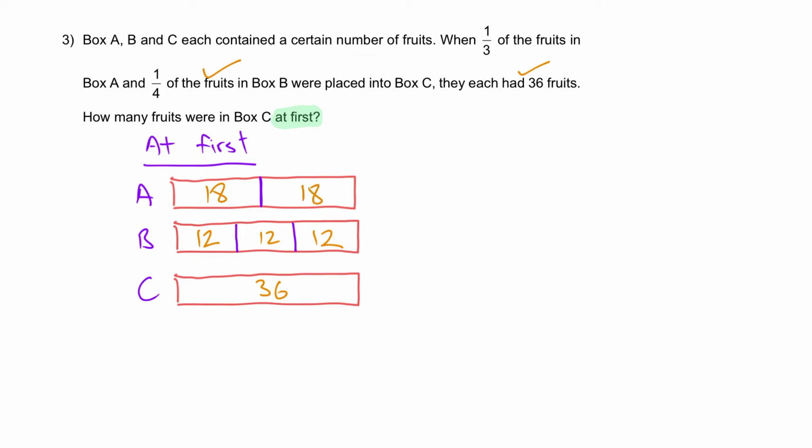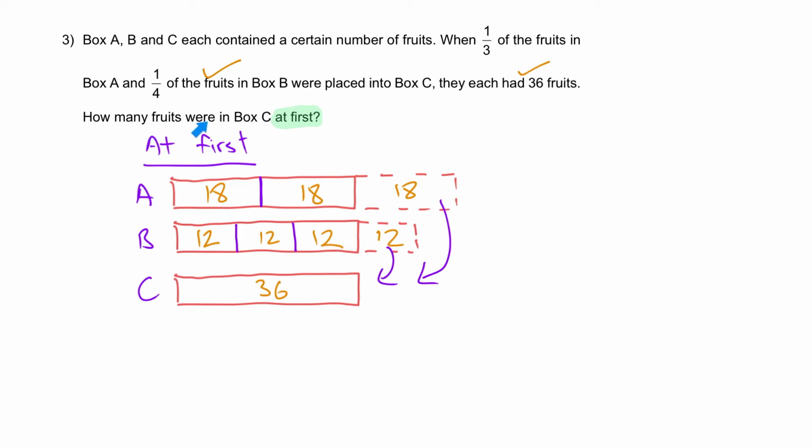If you want, I can just simply draw out the missing 1/3 that was given. And for B, this is the missing quarter that was given to C. So this went down, this went down.